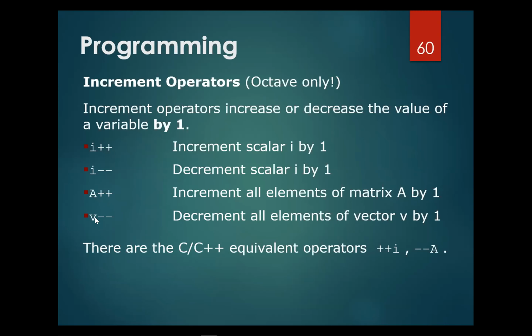If it's a vector, you can do this to indicate a decremental value by 1 of all elements in the vector. And these things are similar to C++ or C.